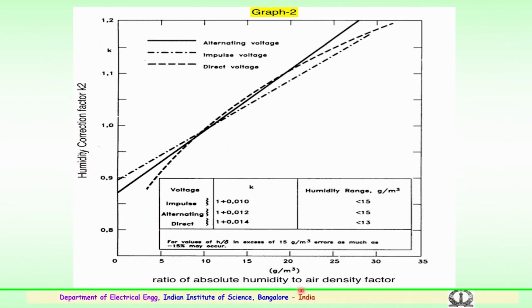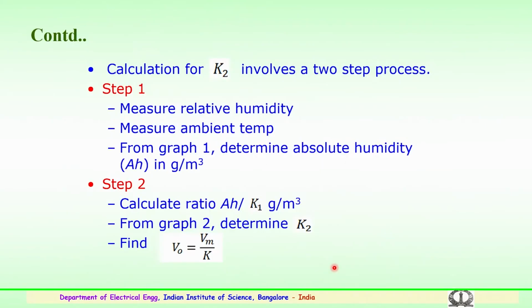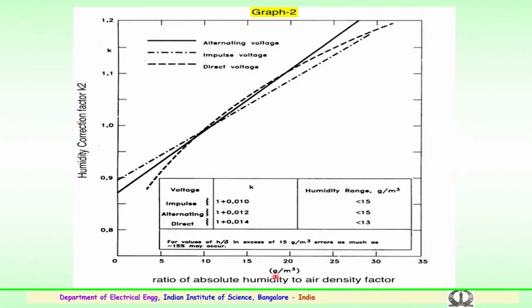So, the ratio of absolute humidity to air density is first calculated. From the graph we can determine K2 from this ratio versus the humidity correction factor. In case it is 15 grams per meter cube, it corresponds to say 1.04 or 1.05 as the correction factor K2.